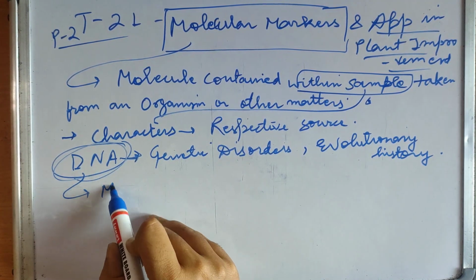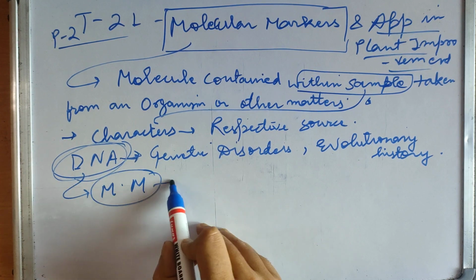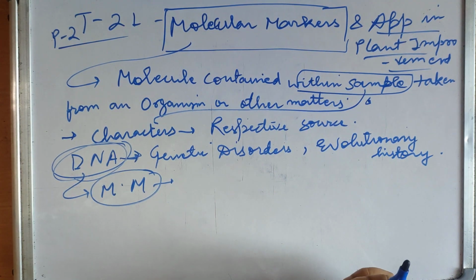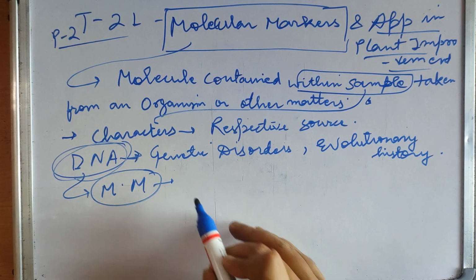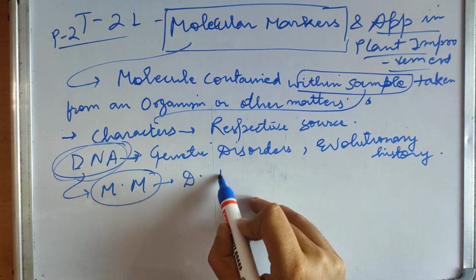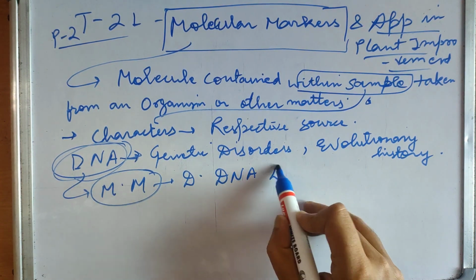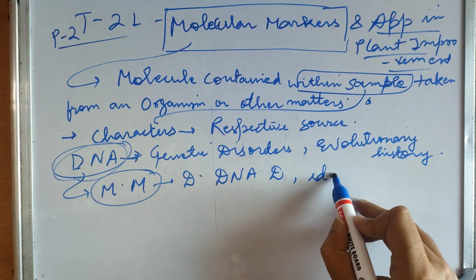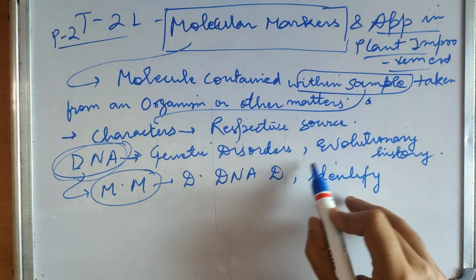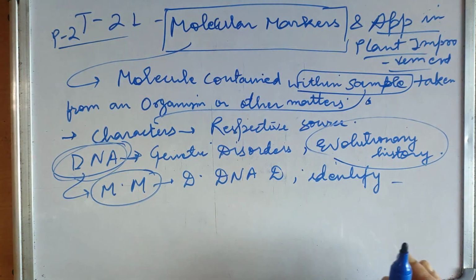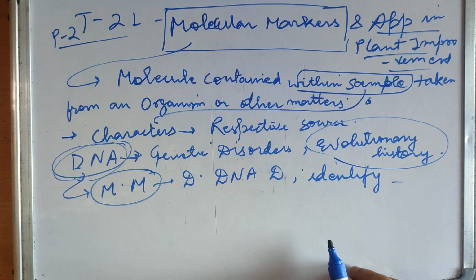So here DNA is acting as a molecular marker. Specific regions of DNA can be used for diagnosing autosomal recessive genetic disorders, and to identify something related to evolution from DNA.